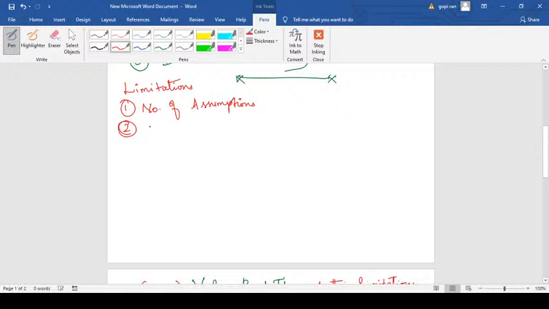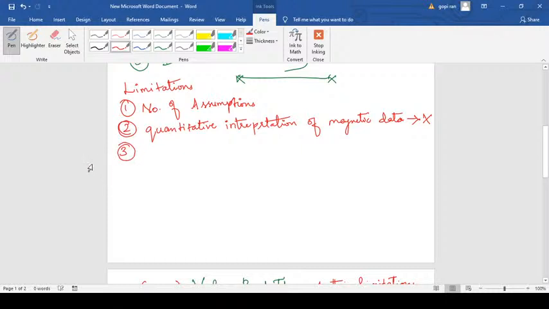Quantitative interpretation of magnetic data is not given. This is the second limitation.